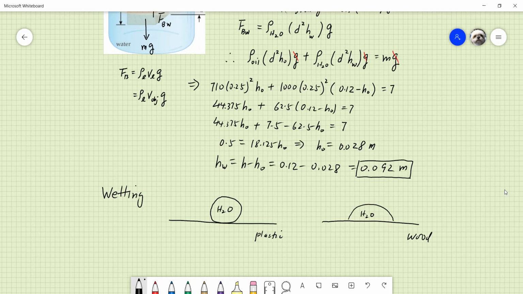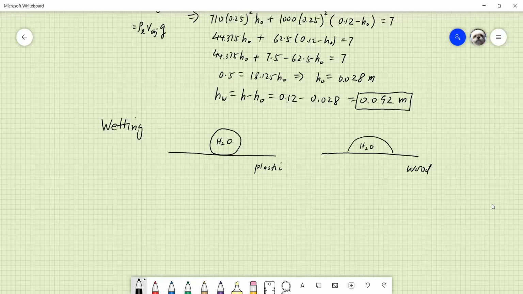Now, there's something we call, in material science or mechanical engineering, wetting, right? What is wetting?